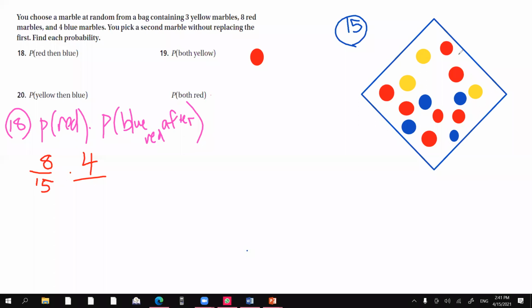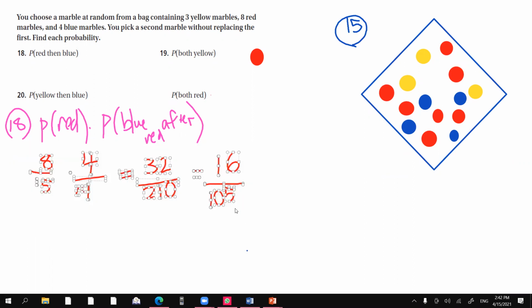We have only 14. I will say it is 8 over 15 for the red times 4 over 14 for the blue after I choose the red. And the answer is 32 over 210 or 16 over 105. So this is the first one.